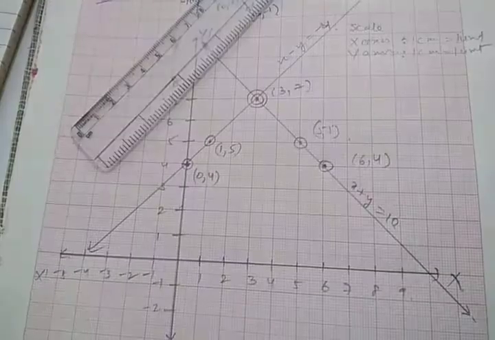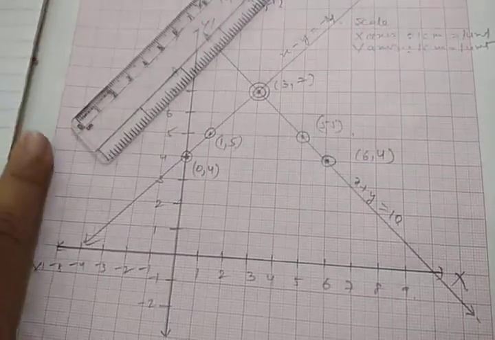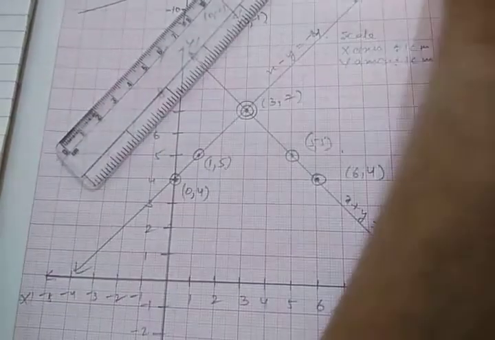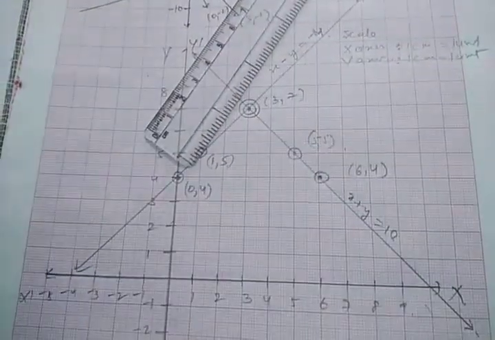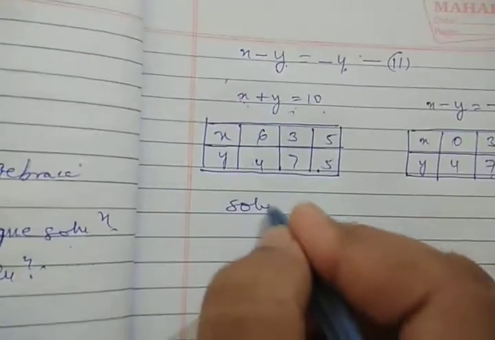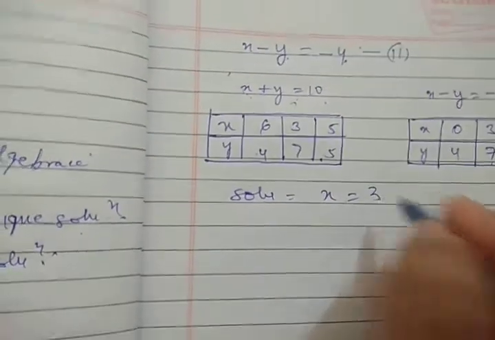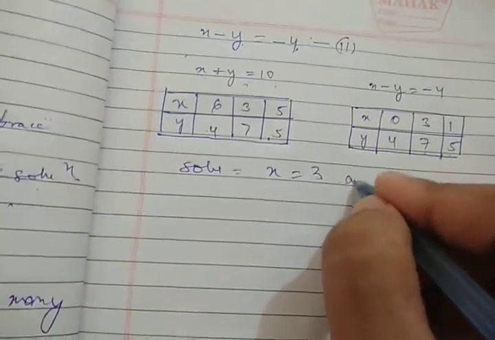So we have got the solution here. That is, the solution is x is equal to 3 and y is equal to 7.